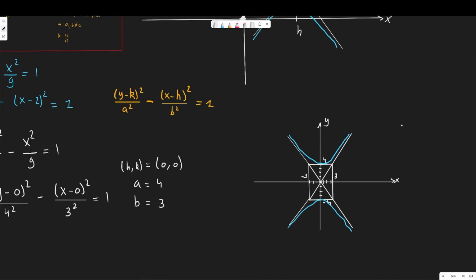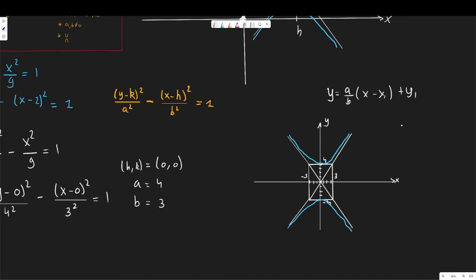Well, the general equation is y is equal to a over b times x minus x1 plus y1 for the upward asymptote. And because x1 and y1 can be either point that satisfies our asymptote going upward, let's take the center point, which is 0, 0.